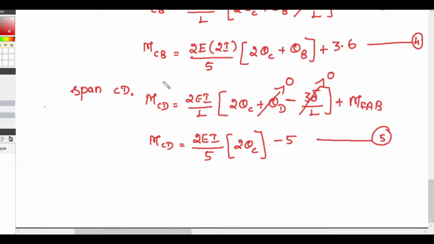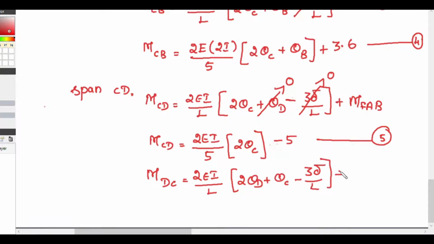Now, we have MDC is equal to 2EI by L into 2 theta D plus theta C minus 3 delta by L plus MFDC.